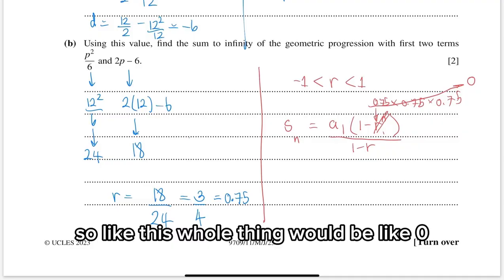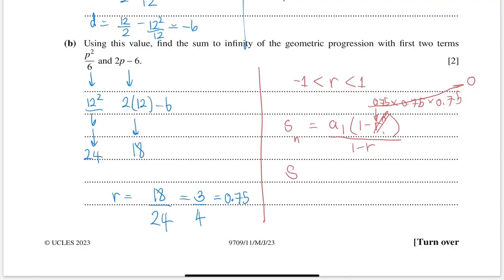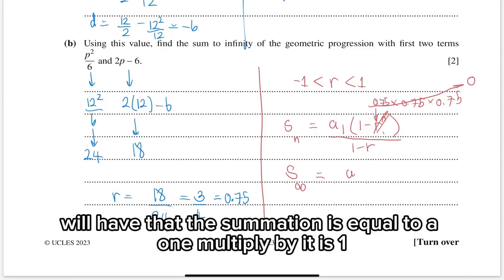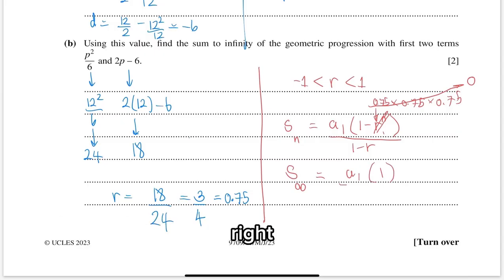So this whole thing would be like 0. Then when n is reaching infinity, we'll have that the summation is equal to a1 multiplied by just 1, right? Over 1 minus r.